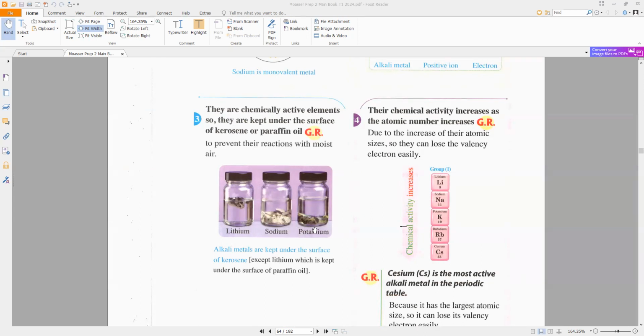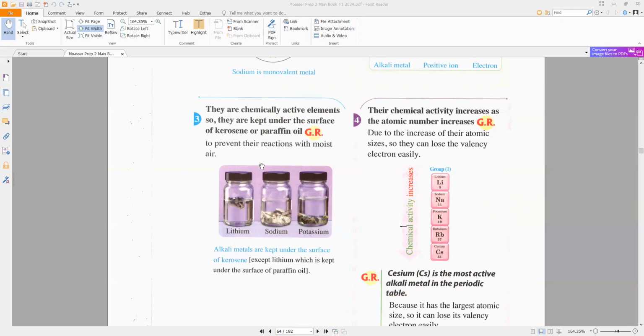So we keep them, and when we want to use one, we take out one of these metals and use it only. But lithium is found floating on the kerosene surface. When lithium is put in kerosene, it floats. This is not useful because when it floats on the kerosene surface, one side is exposed to the air, and it reacts with the water vapor and oxygen gas and makes a fire.